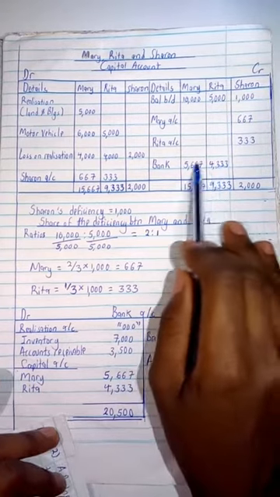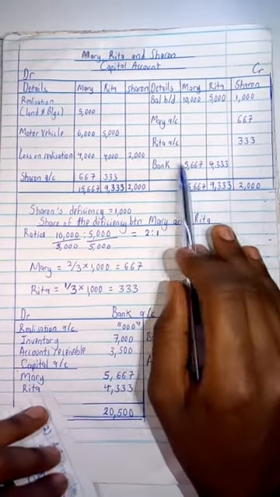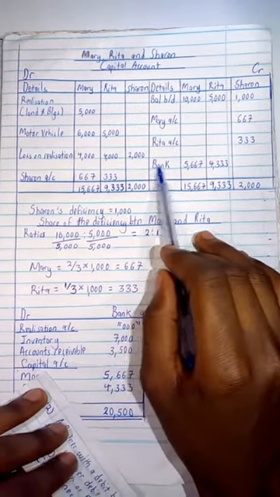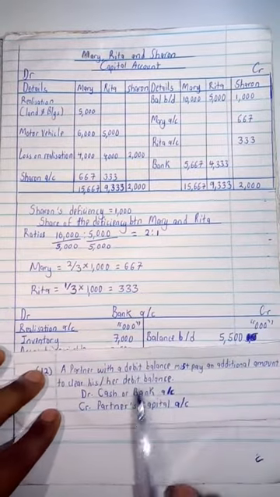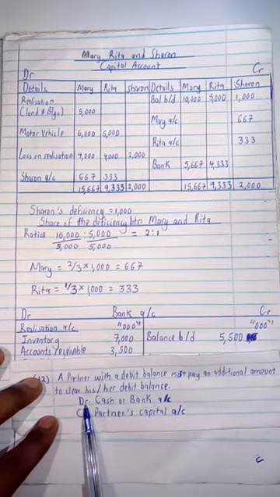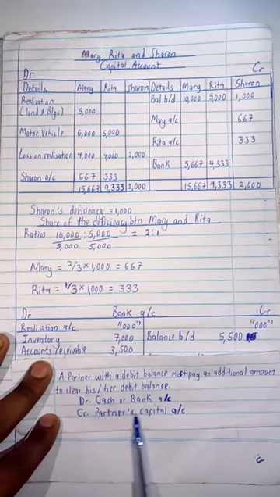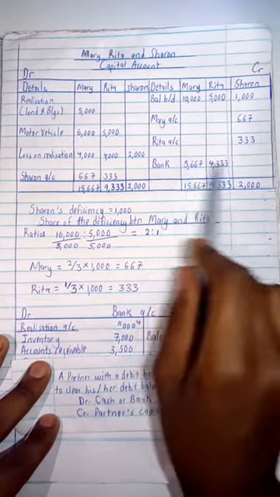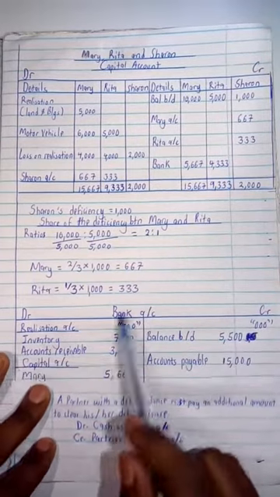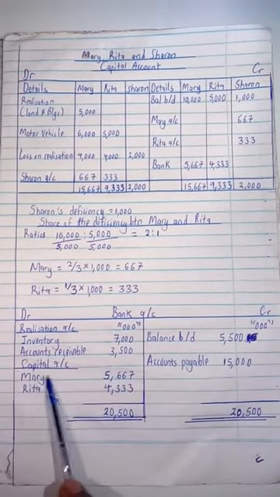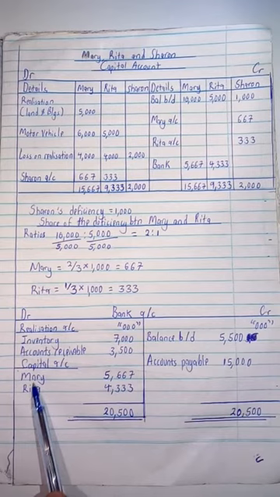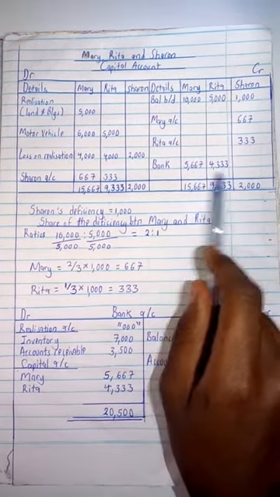This amount is going to be the additional amount they're going to pay. That's why here I'm calling it bank, and I'm taking it to the debit side, because here they're saying you're going to debit a bank account and credit the partner's capital account. In this case, I already credited the partner's capital account. And when I come to bank, I'm going to say capital, whereby I'm going to say Mary and Rita, and I put these two amounts here.